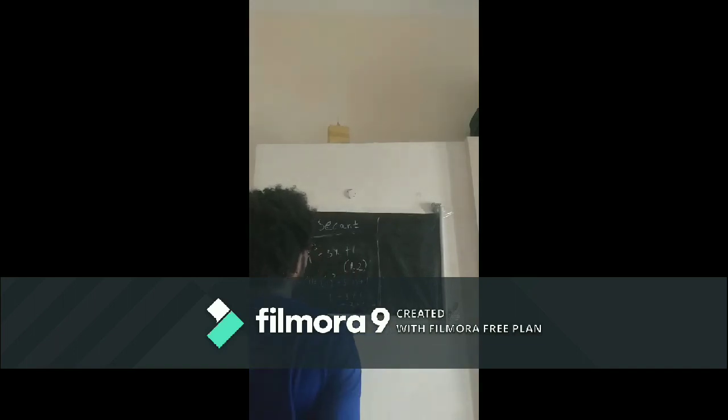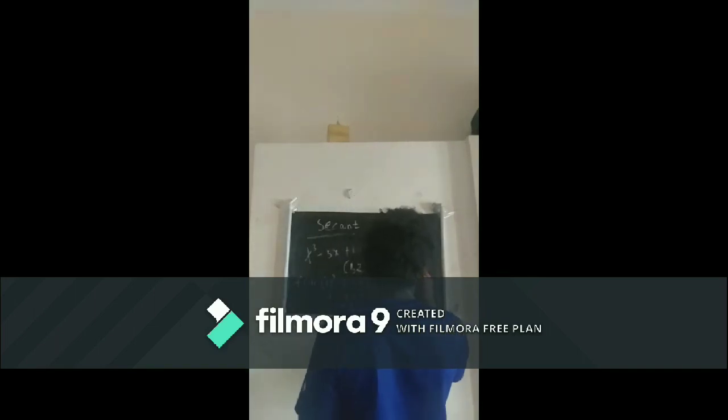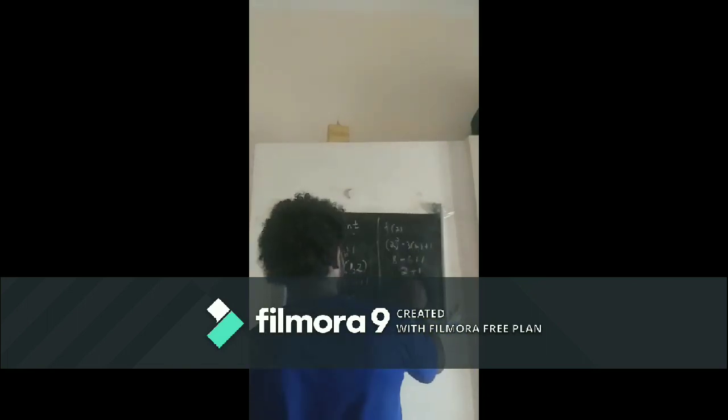This is minus 1. Okay, minus 1. This is a negative value. Let us check f of 2. So f of 2 means 2 to the power of 3 minus 3 into 2 plus 1. So 8 minus 6 plus 1. So 8 minus 6 is how much? 2 plus 1. This is 3. So 3 is a positive number.